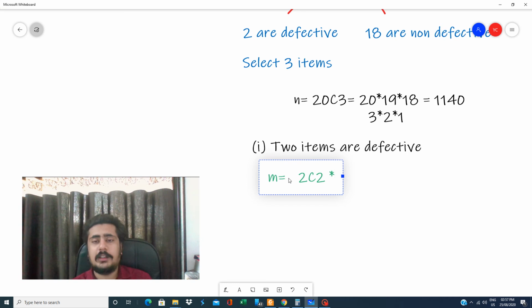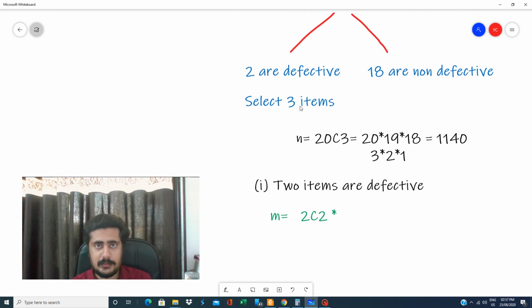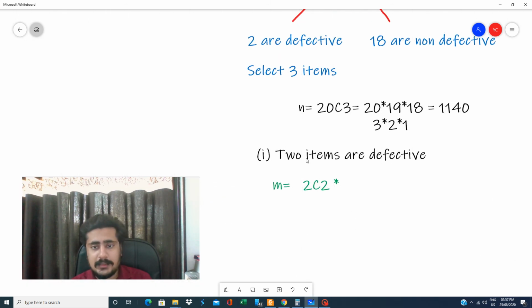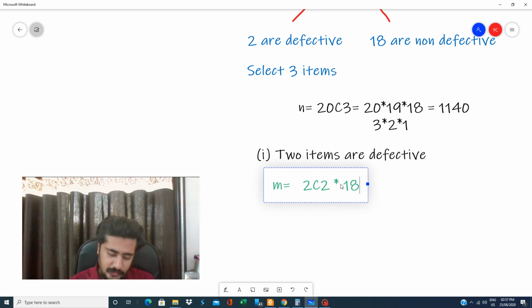Now what is the main thing you need to focus on in this question? That they have told you to select three items and they have asked in the first question that two are defective. Now you have to select three items. If two are defective, then it's one non-defective.